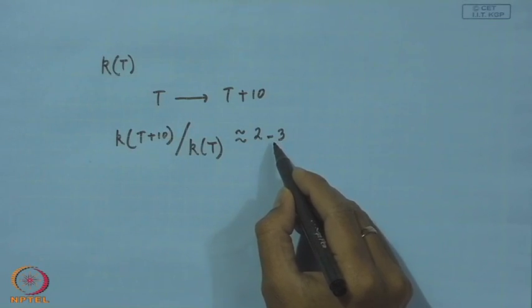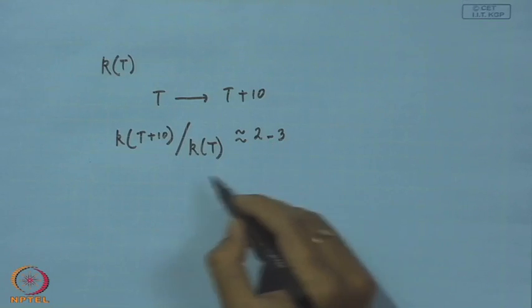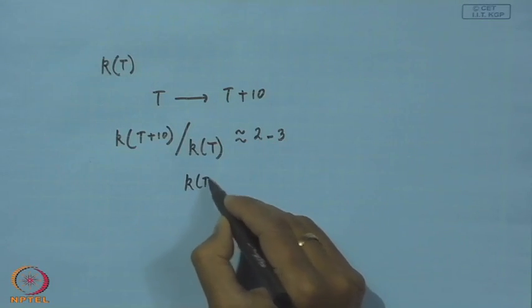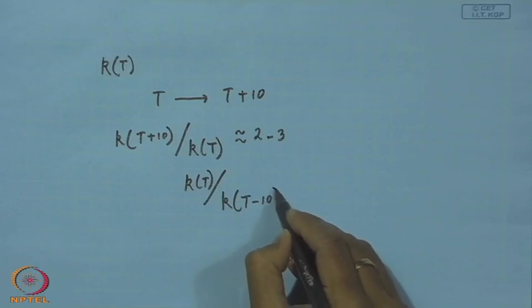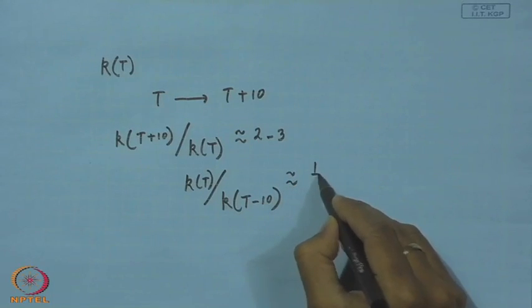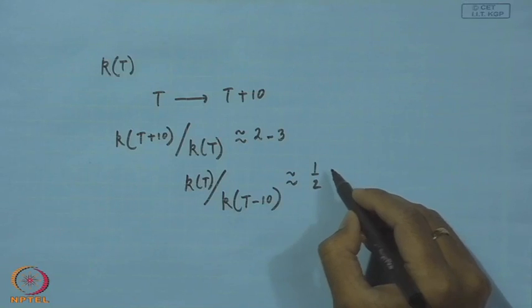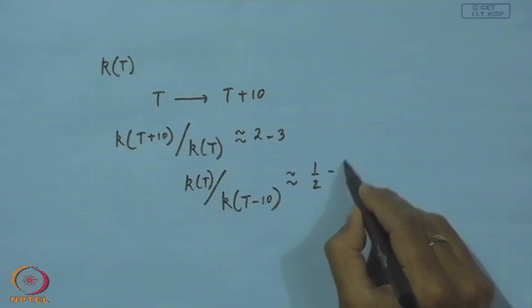That is, it will become half or maybe 1/3. That is, k at T by k at T minus 10 will be of the order of half or of the order of 1/3.